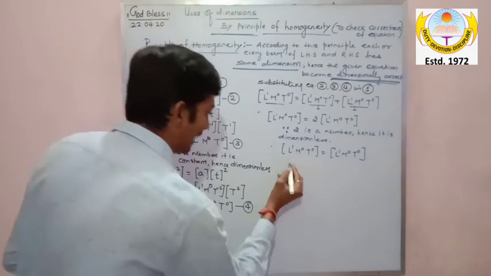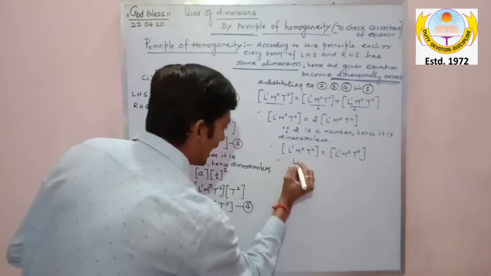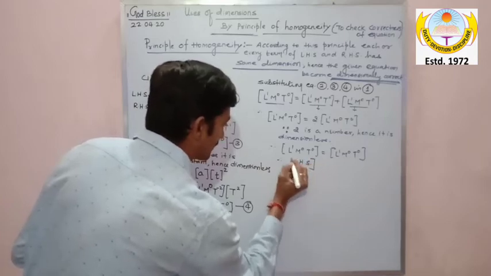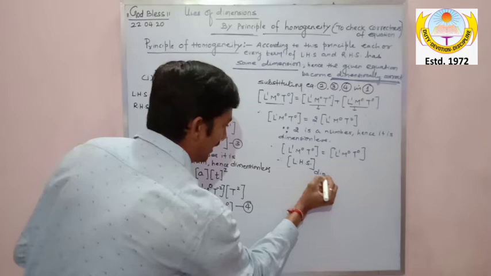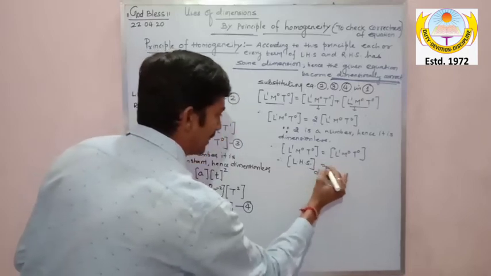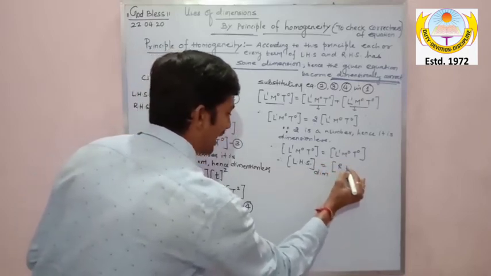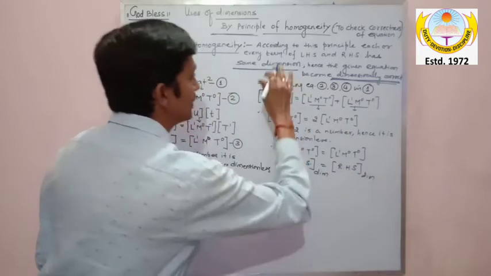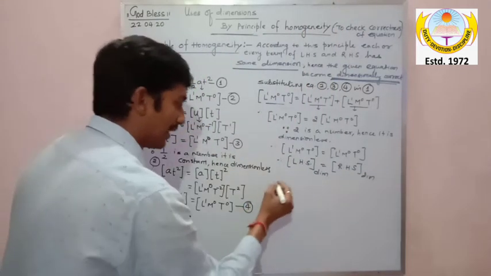Hence, I will say here, therefore, left hand side dimension, I can write this way, LHS dimension is equal to RHS dimension. Am I clear?